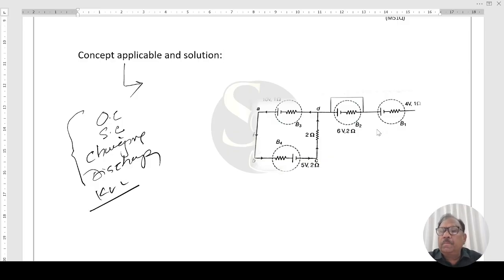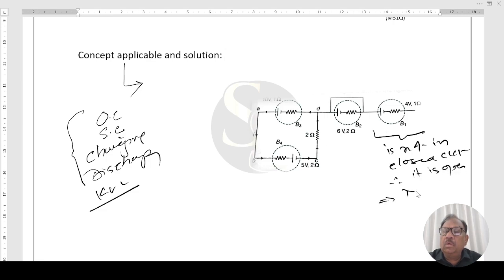Now in this case, B1 is not in a closed circuit. Therefore, it is open. Means no current is flowing through it. Therefore, V equal to E, that is 4.